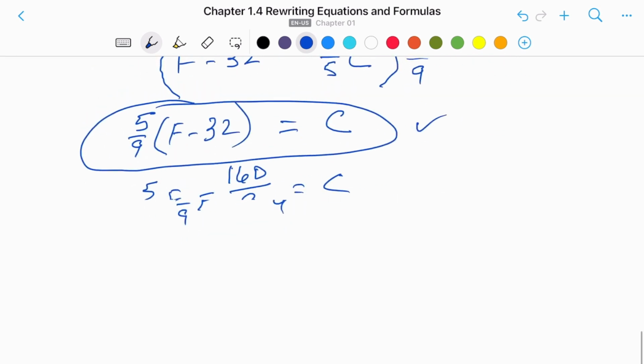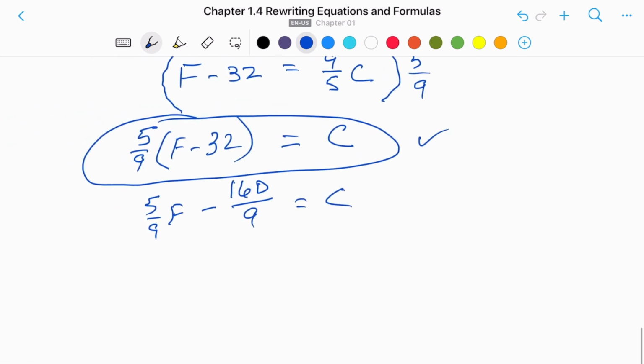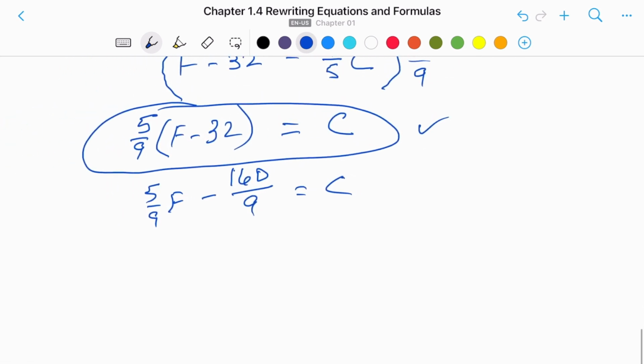Now, another formula is distance. Distance is how far somebody goes when they drive. When you drive your car, you try to figure out exactly how far you're going to be driving.